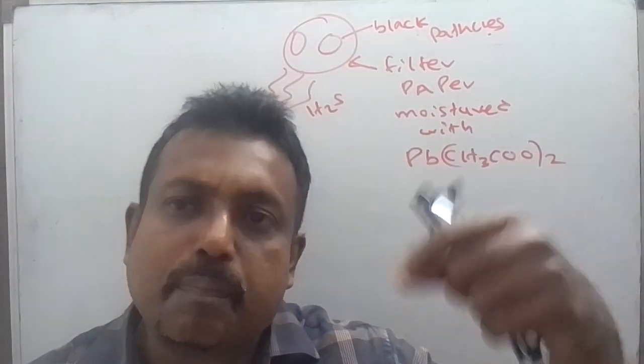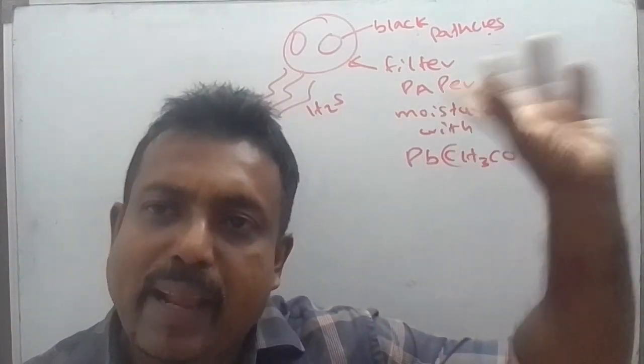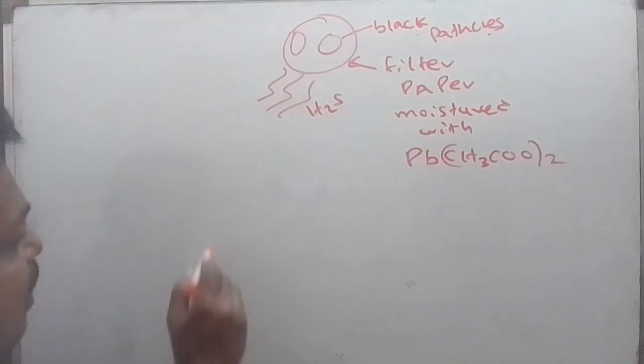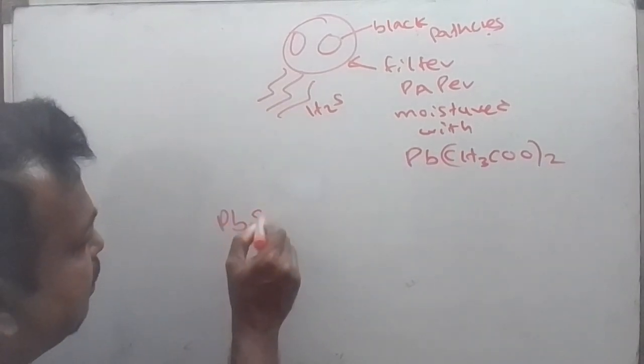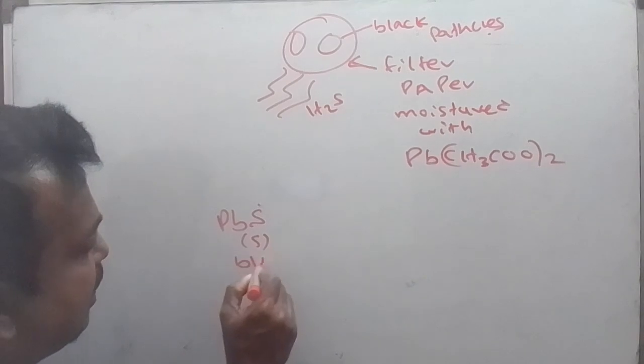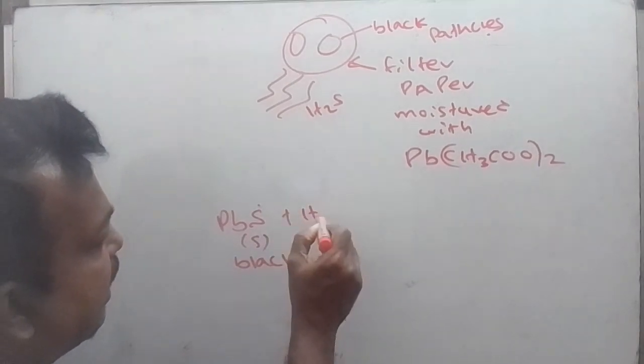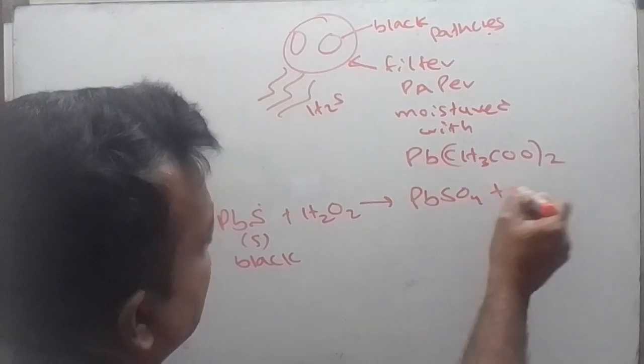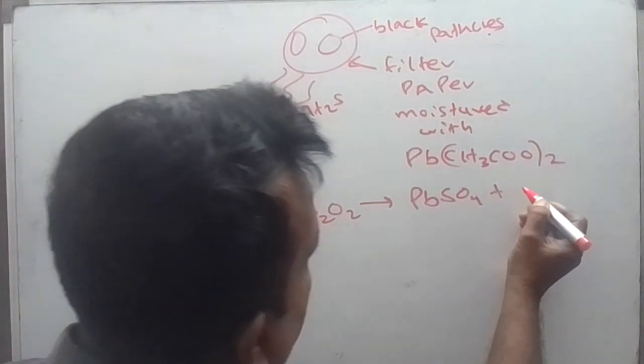When you put hydrogen peroxide onto the black patches, they become colorless again. Why? Because of oxidation. Lead sulfide solid is black in color. When it reacts with H2O2, it goes to lead sulfate and H2O2 is reduced to water.